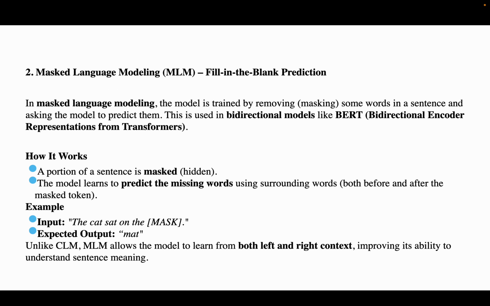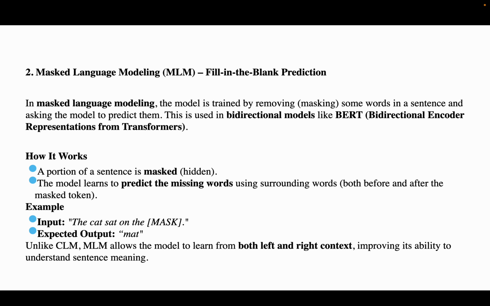To overcome the previous issue, the concept of masked language modeling comes in, that is MLM, which is basically fill in the blank prediction. In masked language modeling, the model is trained by removing or masking some words in a sentence and asking the model to predict that particular masked word.